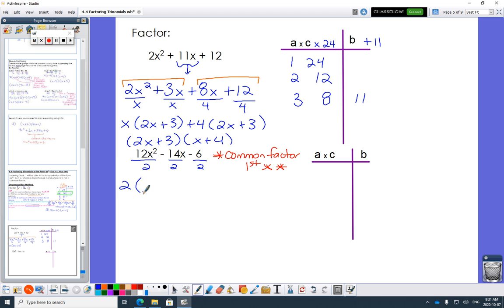And then we have 6x squared, negative 14 divided by 2 is negative 7.